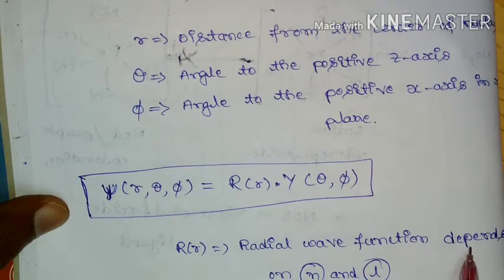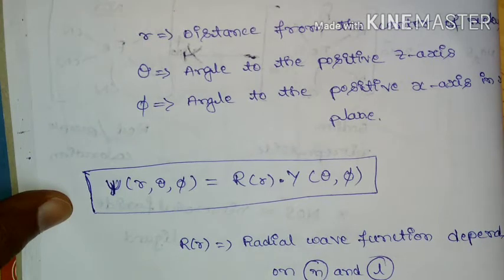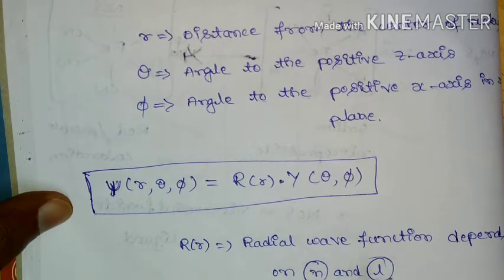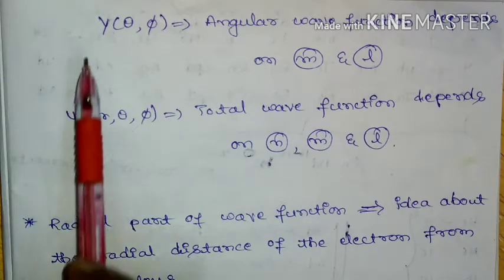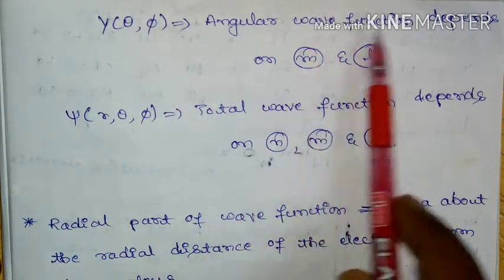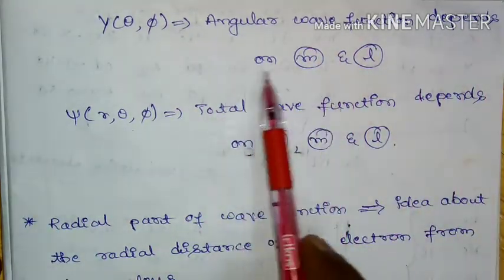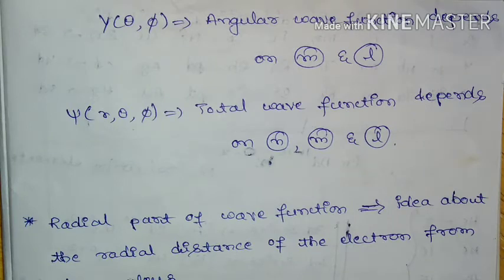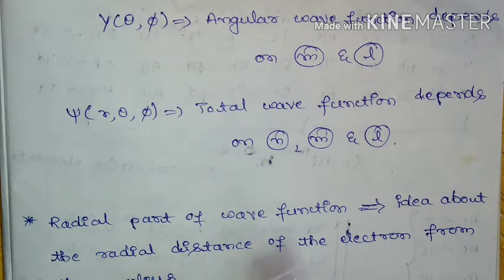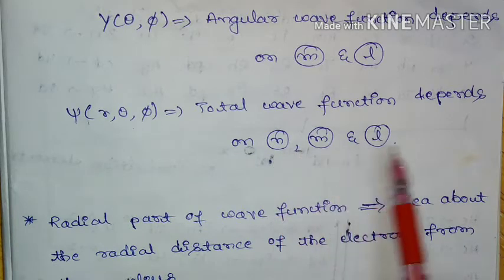represents radial wave function which depends on quantum numbers n and l value, and Y(theta, phi) represents angular wave function which depends on m and l value, and overall total wave function depends on n, m, l values.